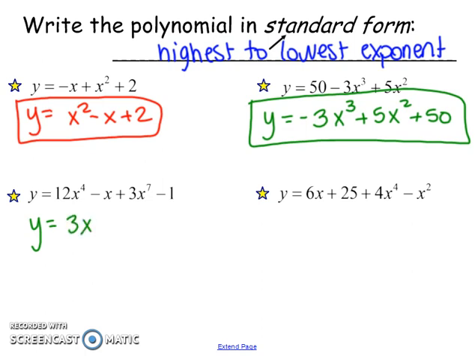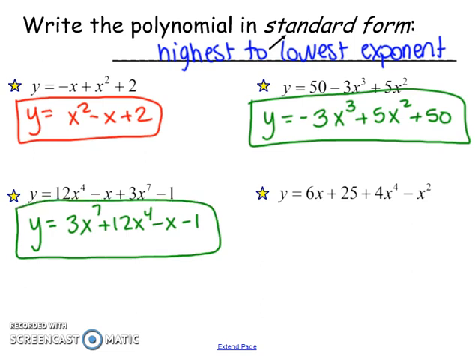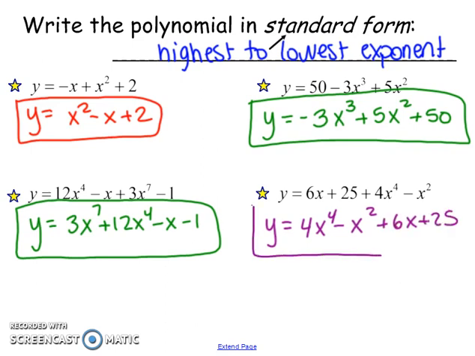So we have 3x to the 7th first. Then we'll have 12x to the 4th minus x minus 1. Okay, and then the final one, the first exponent we're going to use is x to the 4th. So we have 4x to the 4th, then minus x squared plus 6x plus 25.